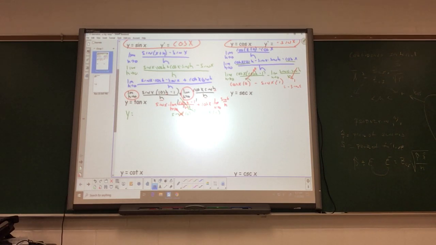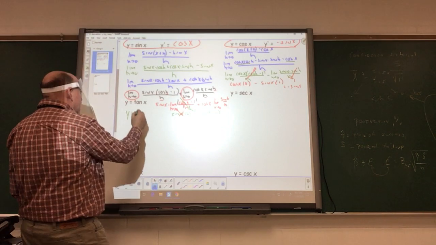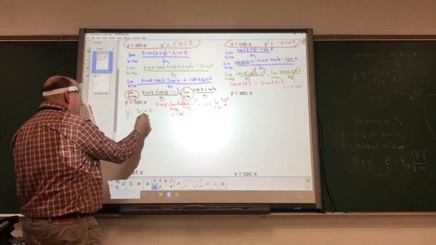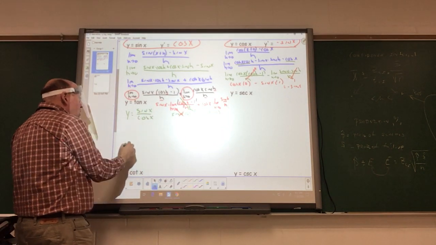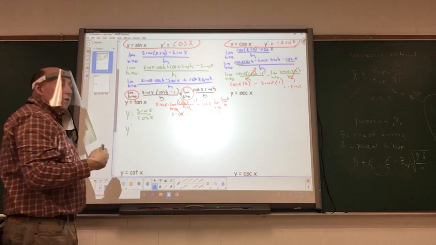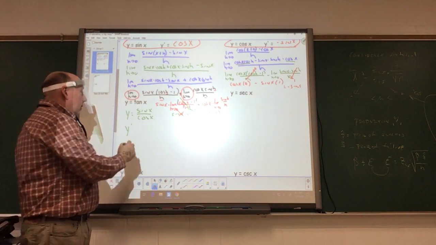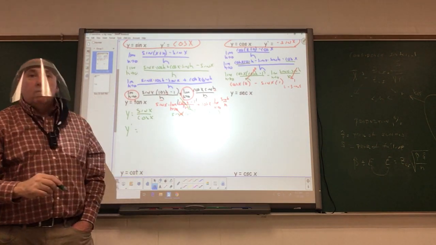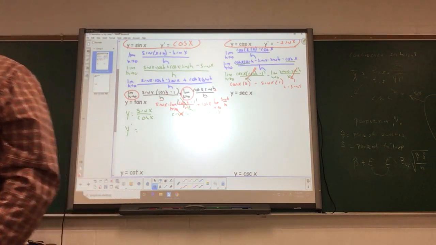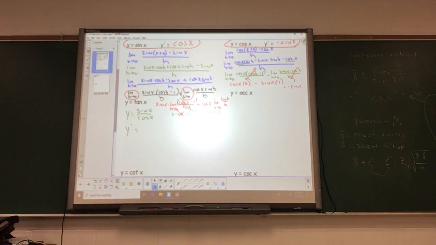Sine over cosine. Which now turns us into a product rule. Or I'm sorry, quotient rule. Because we have the sine of x divided by the cosine of x, which is the quotient rule.